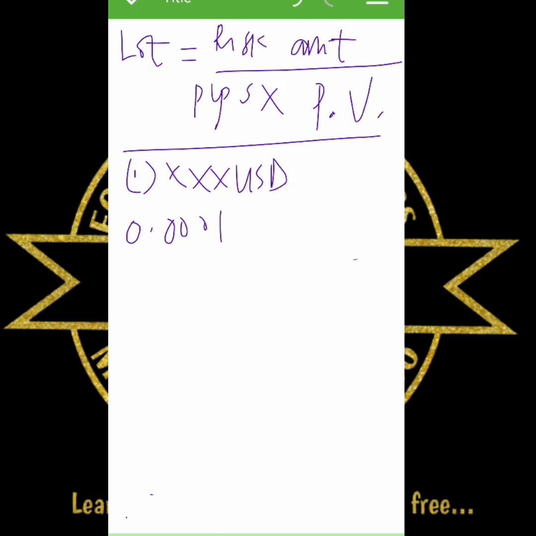If you are risking 10 pips, that will be 0.001. If you are risking 20 pips, that will be 0.002, and so on and so forth.